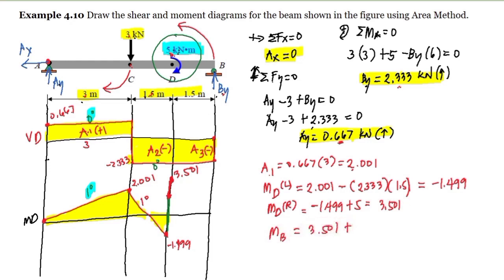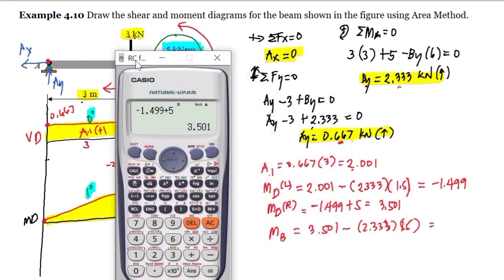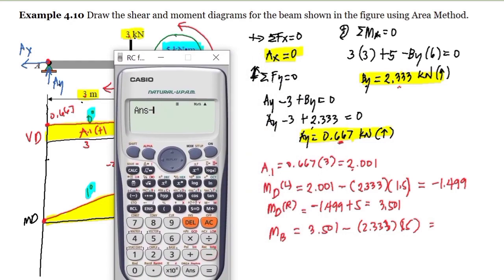We are going to subtract from this the area na to. So, kung isusubtract natin yung area natin, that would be 2.333 times 1.5. Itong area 3 natin. And that would give us 3.501 minus 2.333 times 1.5.